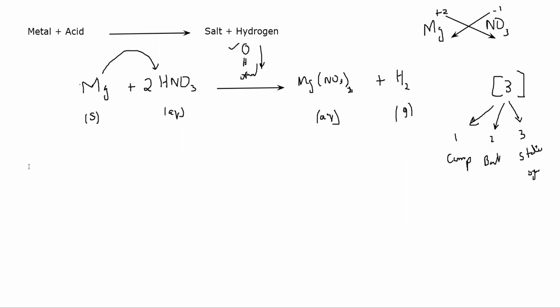Now, from the symbolic equation, we can also write another equation. We call that an ionic equation.